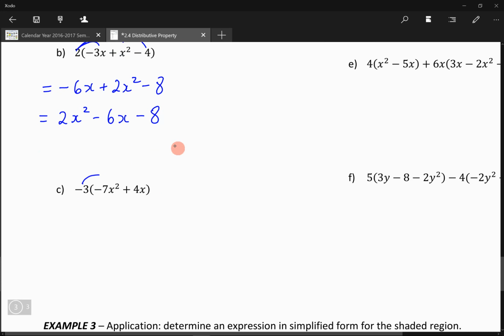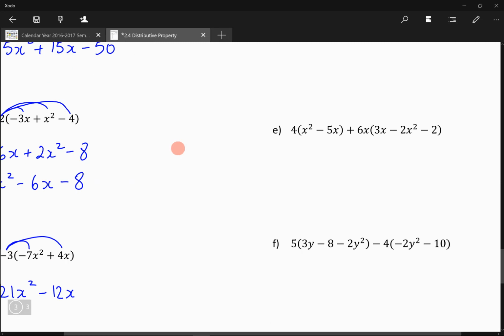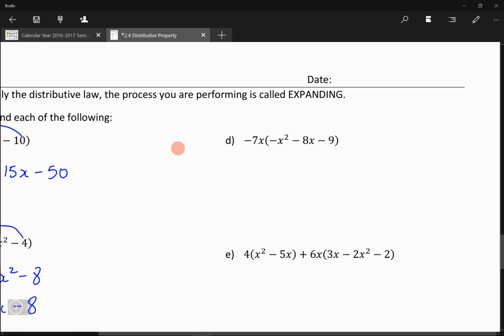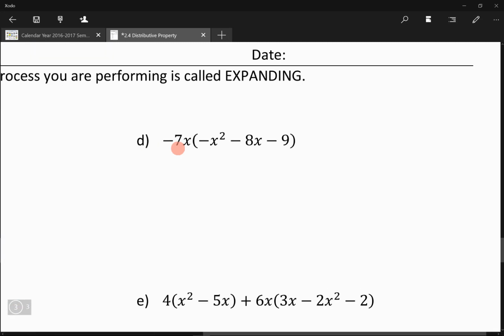Part C, multiply, negative 3 times negative 7 is positive 21x squared. Negative 3 times 4x is negative 12x, or minus 12x. Part D, there's a trinomial inside the bracket now. More negative signs, so be careful.